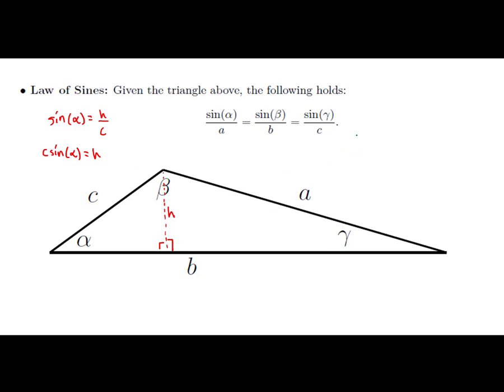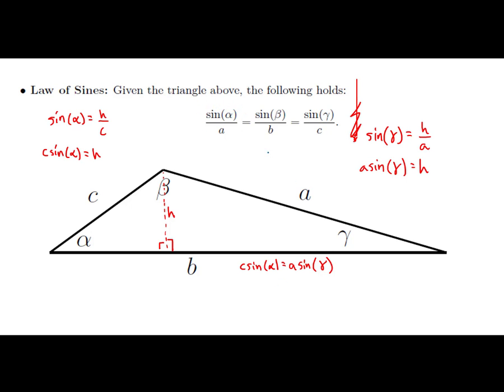I can say that the sine of gamma is equal to h over a, and so a times the sine of gamma is equal to h. So they're both equal to h, so that means I can say that c sine of alpha is equal to a sine of gamma.